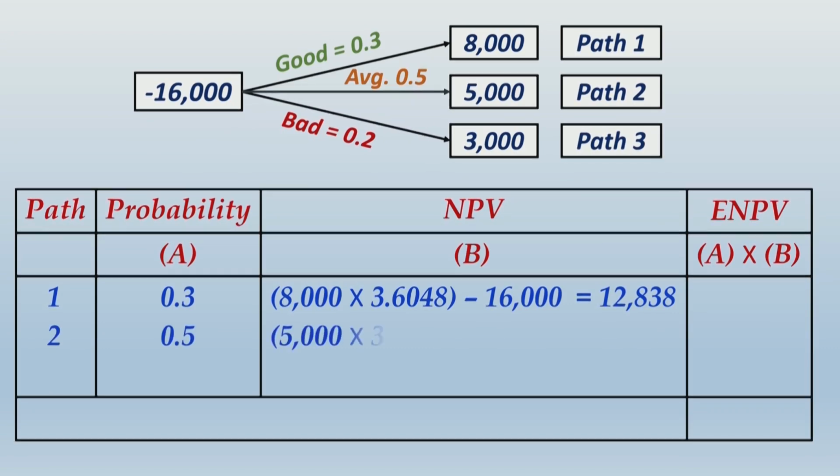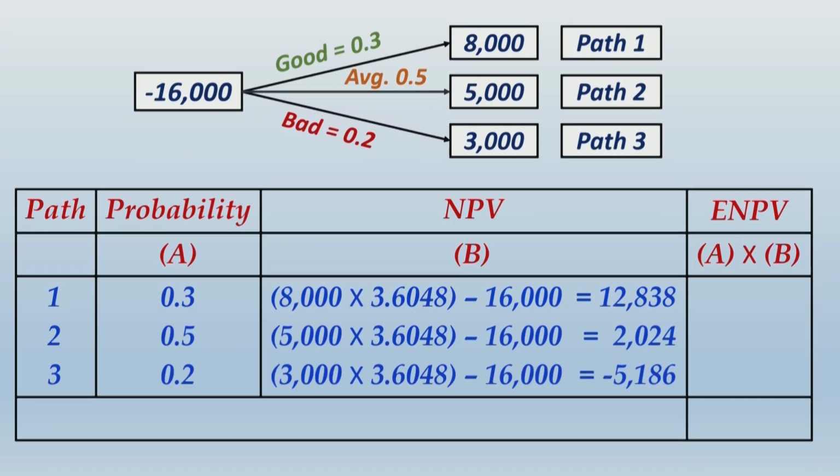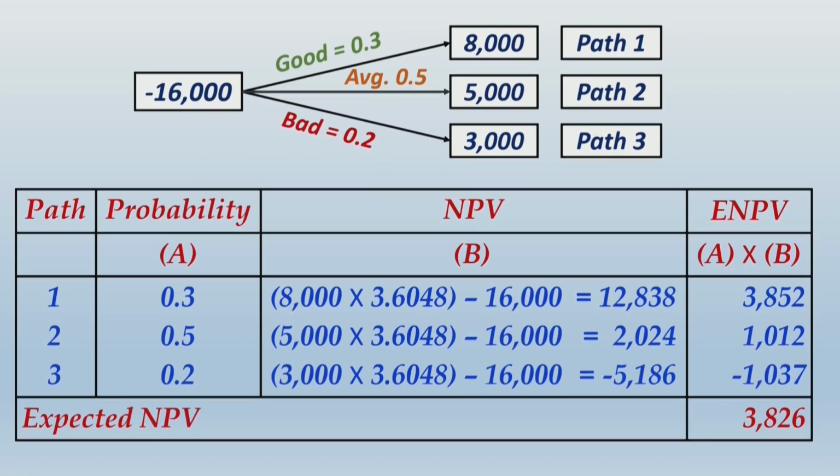Similarly, you compute NPV for path 2 and NPV for path 3. Now we have 3 different NPVs and 3 different probabilities. When you multiply the respective probabilities to each of these NPV estimates, you will be getting the expected NPV as the aggregate of A into B column. So 3,826 will be the expected NPV. So please take note of this entire working and then I take you ahead.